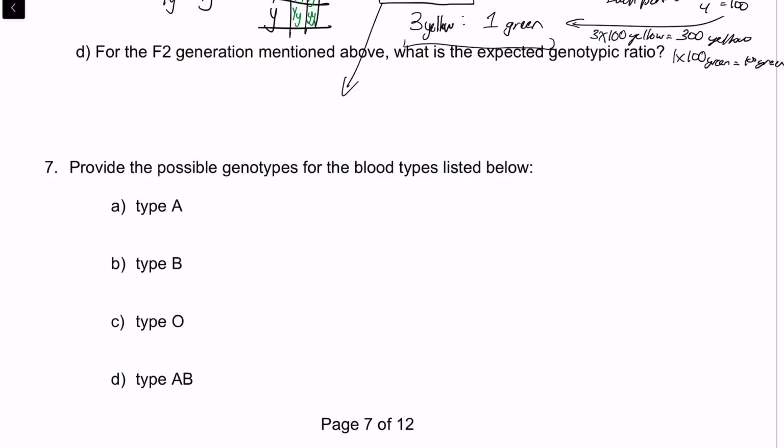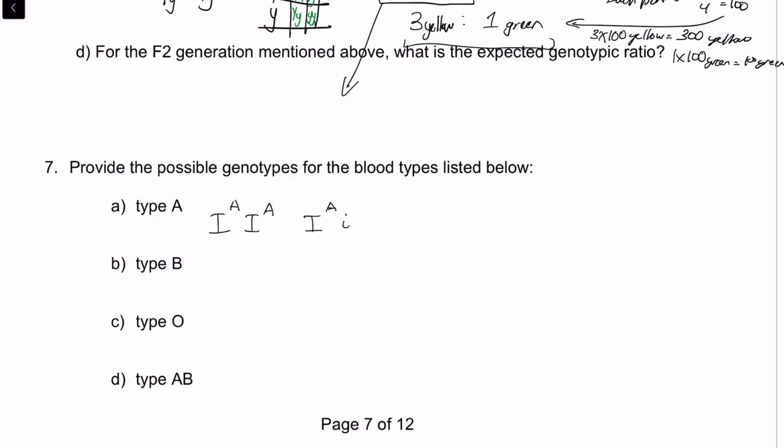Now, providing the possible genotypes for the blood types listed below. Okay, so we know in terms of the ABO blood type, we just have a capital I for being dominant or co-dominant, right? So type A will either have the homozygous I^A I^A, or because type A is dominant, we can have a lowercase i and a capital I raised to the power of A. Okay, so these will both manifest as a type A phenotype.